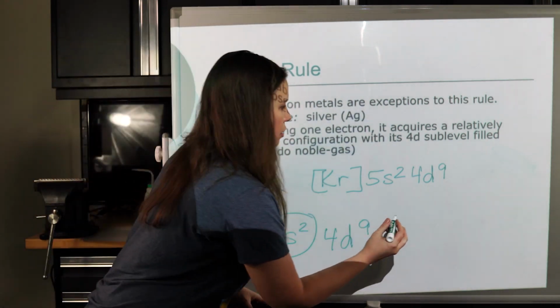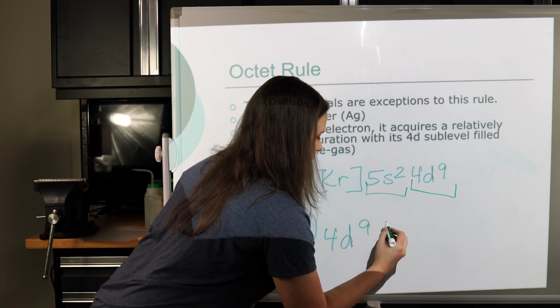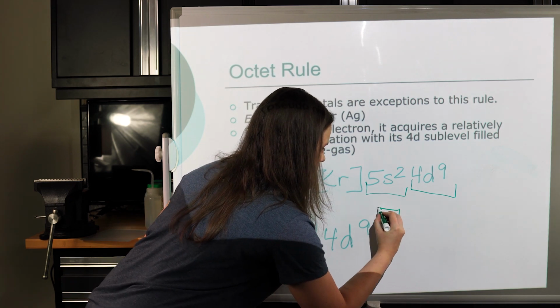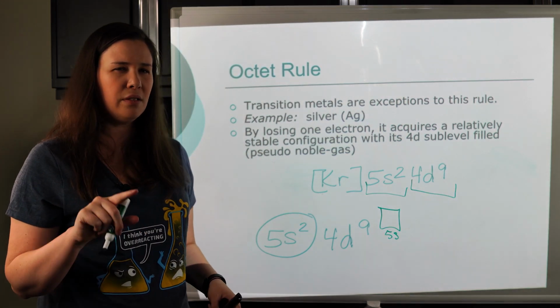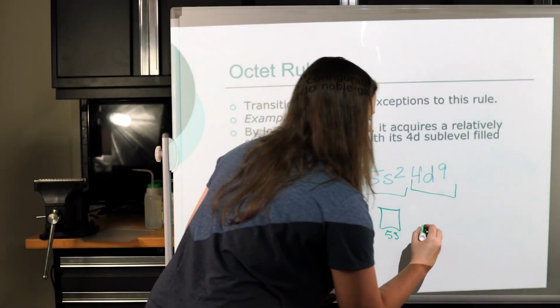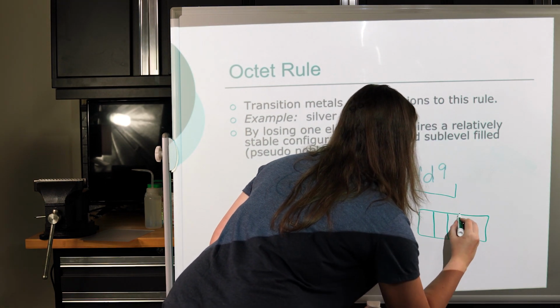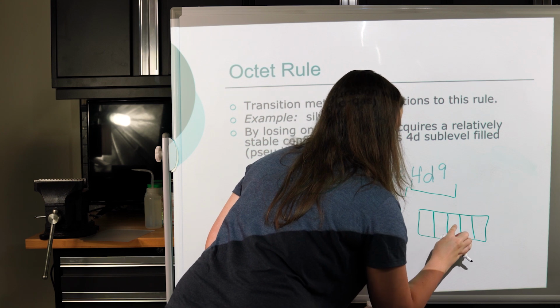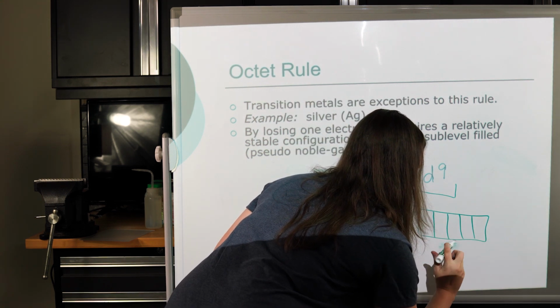So let me draw out just the orbitals for the 5s and the d. So 5s, we would have one block. And then how many orbitals come with a d orbital? There would be 5. So let's set up our 5 boxes: 1, 2, 3, 4, 5. For not the 5d, the 4d.